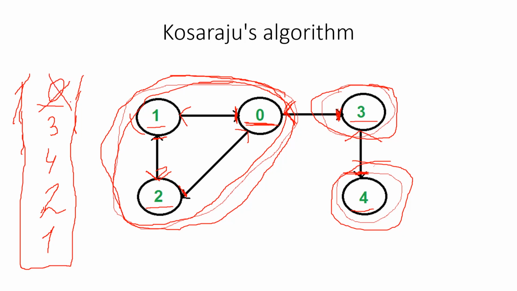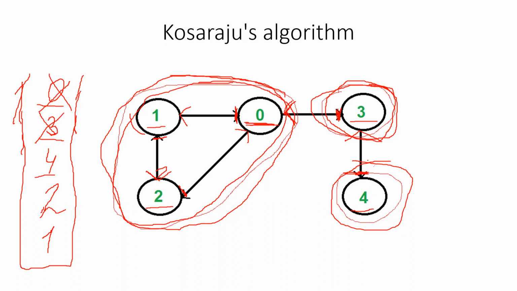Then we extract 3, and from 3 there is only one outgoing edge which goes to 0, but we already discovered 0 here. From 3 there is no other outgoing edge, and that's why 3 by itself will be a strongly connected component. So we remove 3 from the stack, right? Then we have 4.